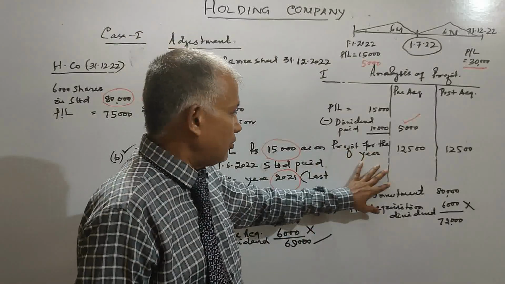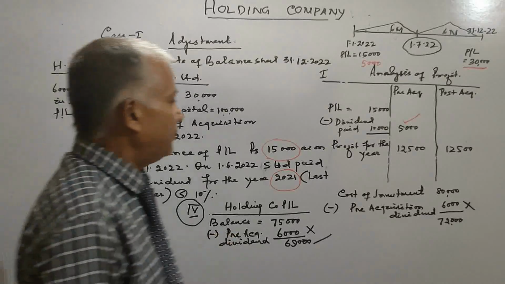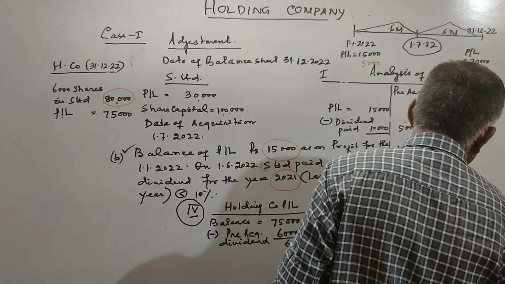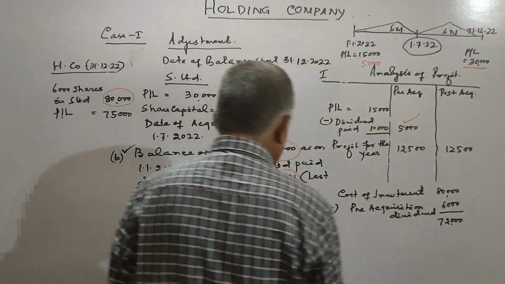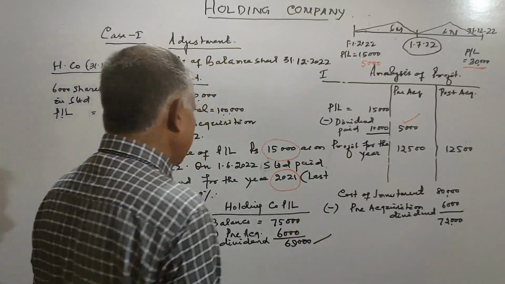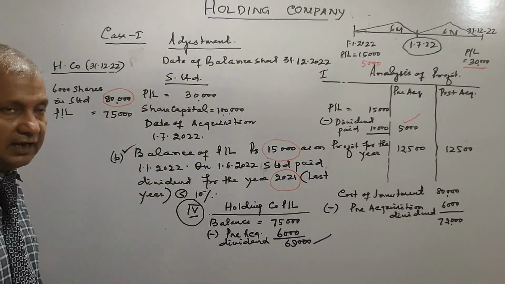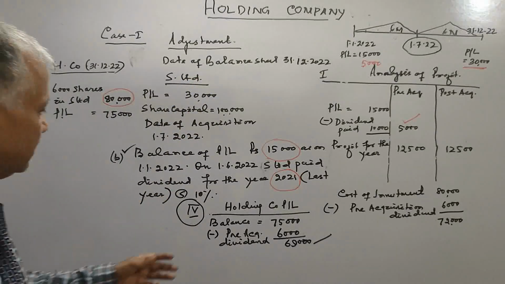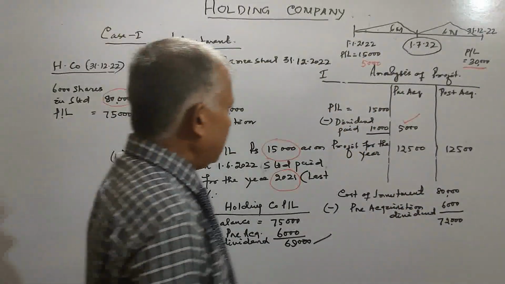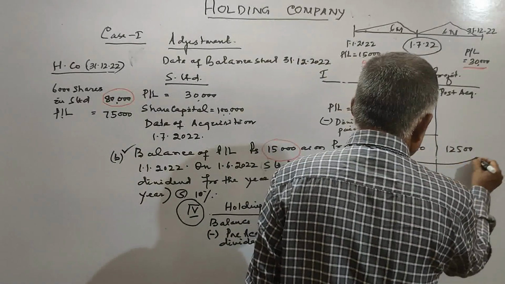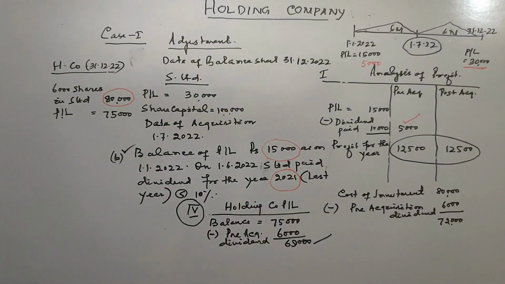If it is wrongly credited to profit and loss account, the things will be same here. 6,000 will be minus, here also 6,000 will be minus, because 10,000 at 60% degree of control, 6,000 is minus here and minus here, right? Only difference is here, that is profit is distributed between pre and post acquisition.